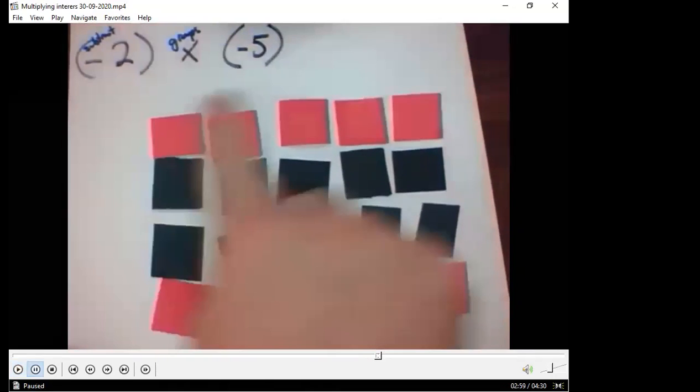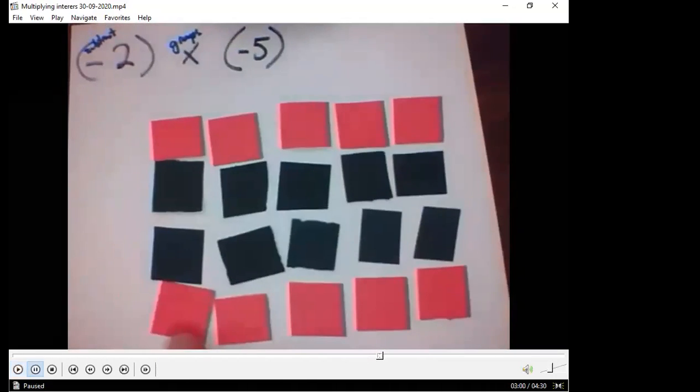Okay, then I said that we have 2 groups now because he said what? He said negative 2. Once you have negative at the beginning, then we will use zero pair.